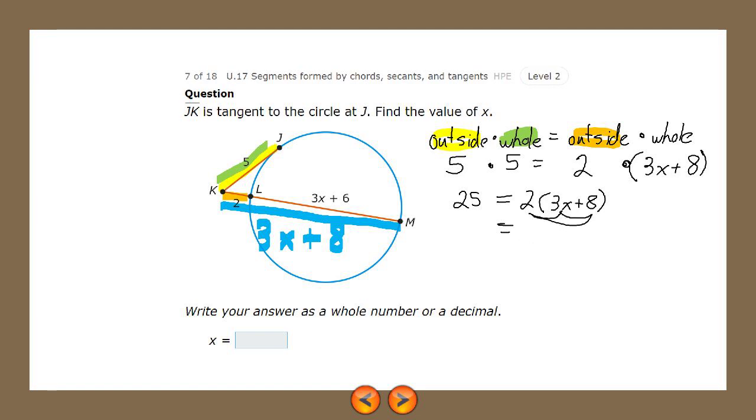We'll get 6x plus 16 equals our 25, and now it's 2 steps to solve. Subtract 16, we'll get 9 equals 6x. We'll get x equals 1.5 in this situation. And luckily, that's all they're asking for. They asked for only what x was.